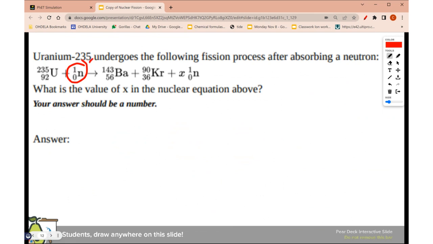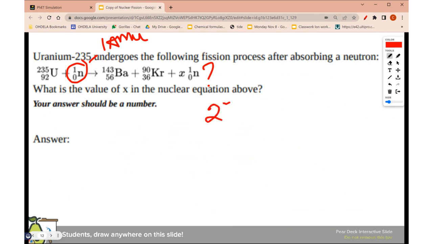It's 1 atomic mass unit, 1 AMU, 0 protons, so it's not an element. It breaks down into these daughters, and we don't know how many neutrons. We already know we shot one, so we're going to have one at the end, but let's look at how we figure this out.